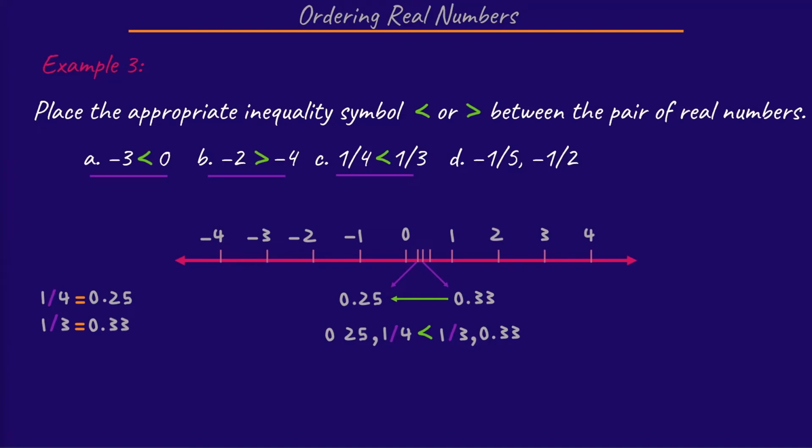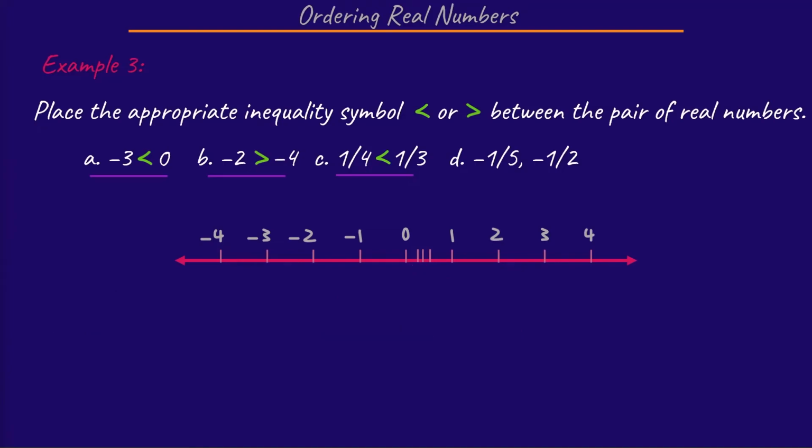Let's move to the last pair that we have: negative 1 over 5 and negative 1 over 2. Basically, negative 1 over 5 will equal negative 0.2, and negative 1 over 2 will equal negative 0.5. So they are going to be between 0 and negative 1. Let's try to draw their positions. Here we will have negative 0.2, and here we will have negative 0.5.